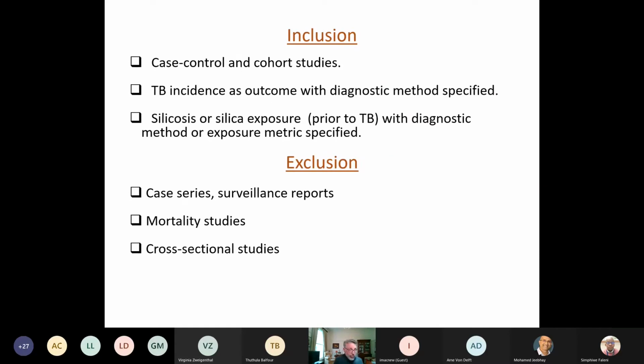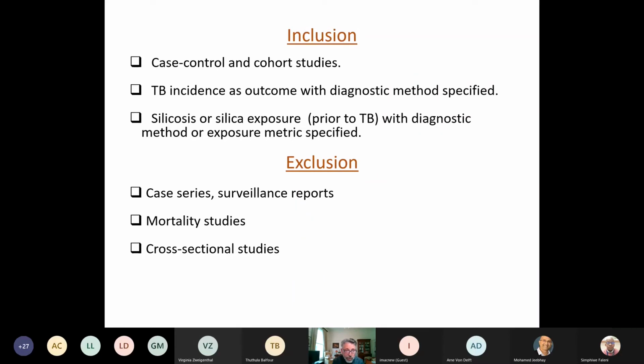We wanted to focus on incident tuberculosis, so we included only case-control and cohort studies, with tuberculosis incidence as an outcome with the diagnostic method specified. The exposures were either silicosis, the attribute or state of the disease, or silica exposure temporally prior to tuberculosis, also with the diagnostic method or exposure metric specified.